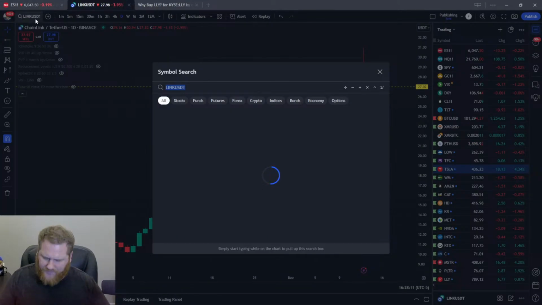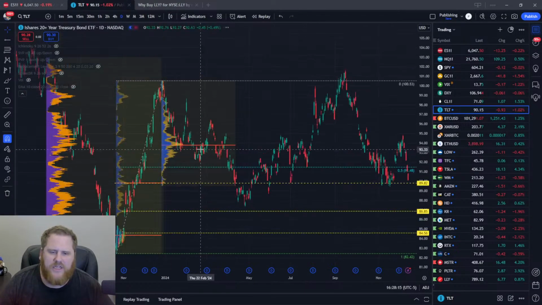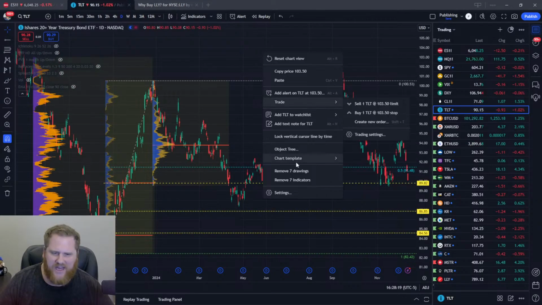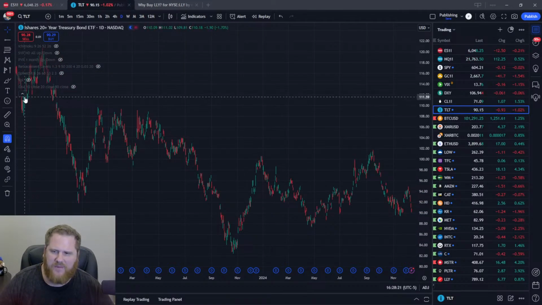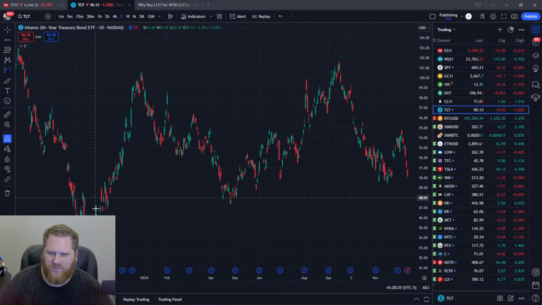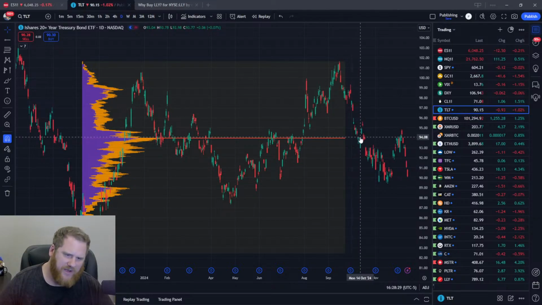TLT. TLT is interesting. It is an ETF, and it's very gappy, and I haven't really found very much use for volume profile on it. Its volume profile is already above it.